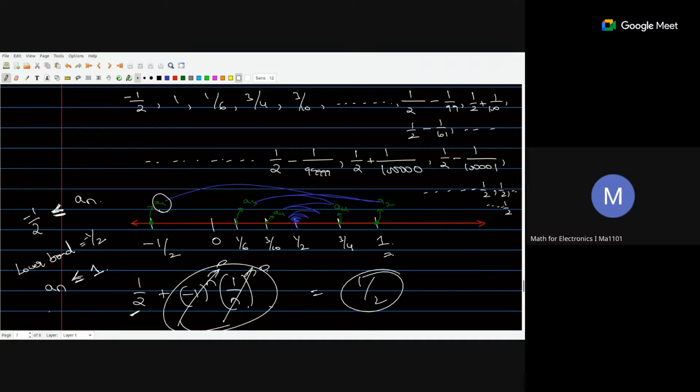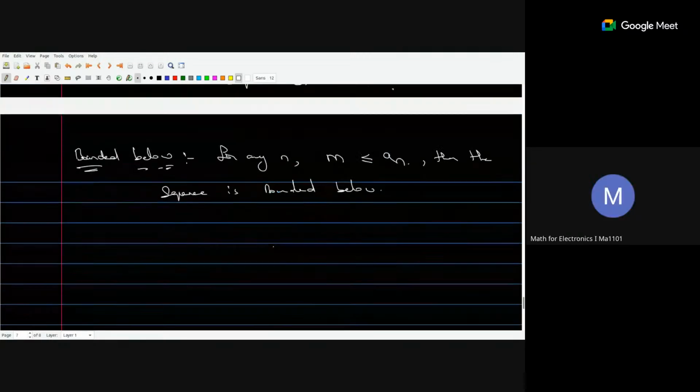So this sequence is upper bounded, and the upper bound is equal to 1. So this sequence is bounded above as well as bounded below, and these kinds of sequences are simply called bounded sequences. Let me write that also.